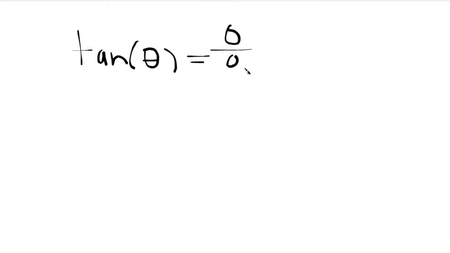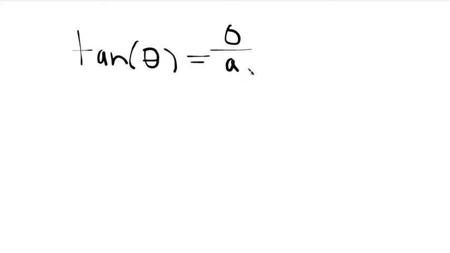You could also do this with other examples. Like, let's say you're trying to solve with the tangent. So tangent of some angle theta would be equal to opposite divided by adjacent, and we know the adjacent side.